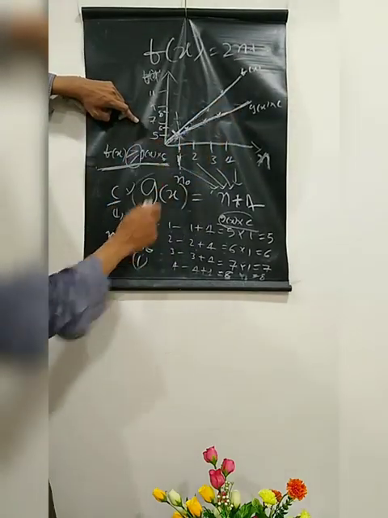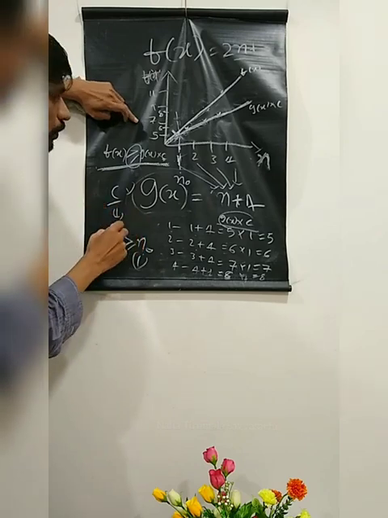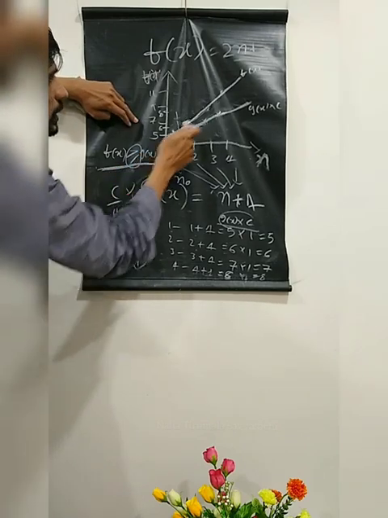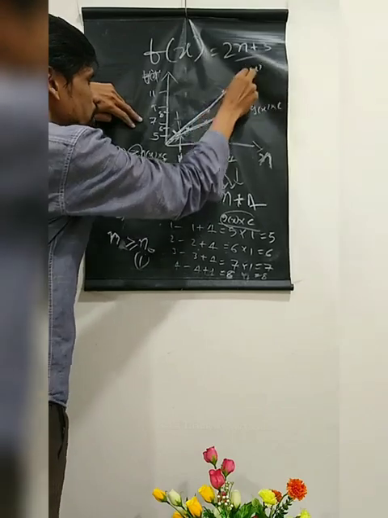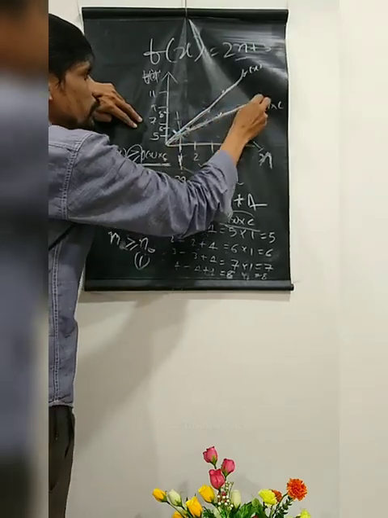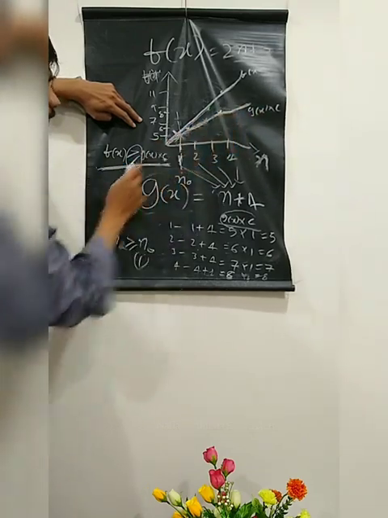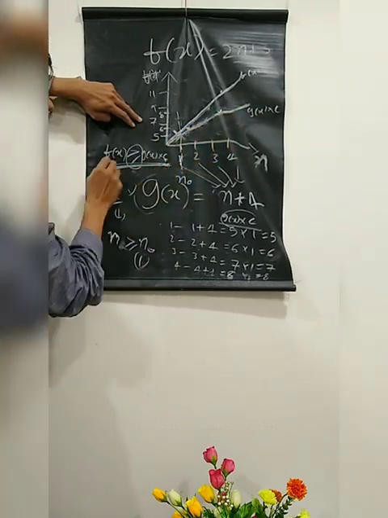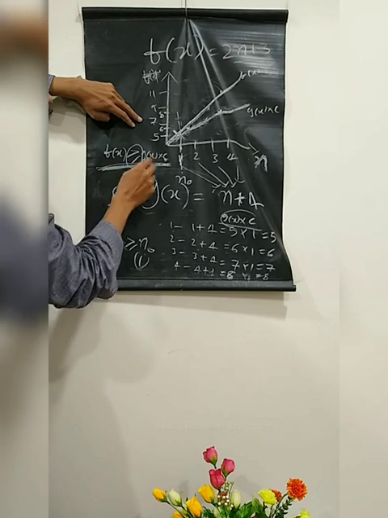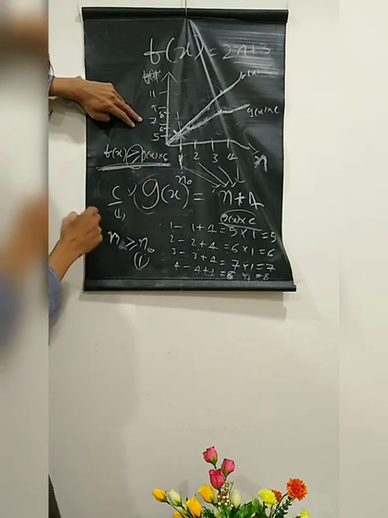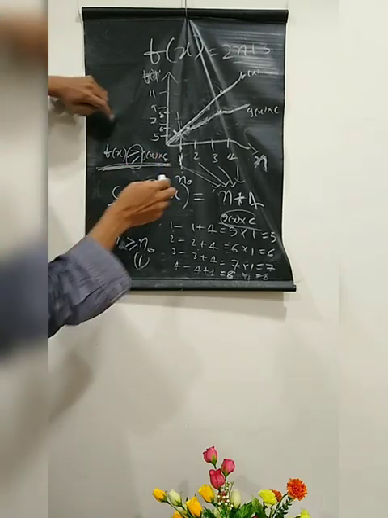Right? That is exactly what it represents. So now if you observe, this line is my f of x, this line is my g of x multiplied by c, and this is satisfying this condition, f of x is greater than or equal to g of x multiplied by c. Okay?